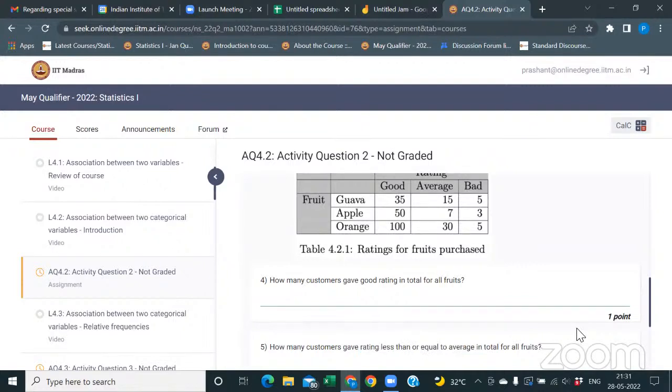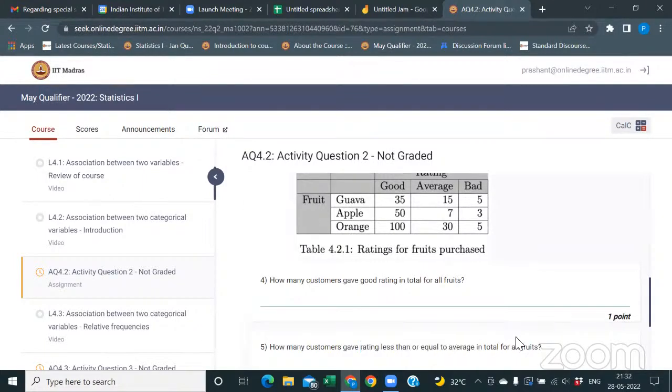What is the question? How many customers gave rating less than or equal to average? Less than or equal to average means what? Bad and average. Yes, bad and average.